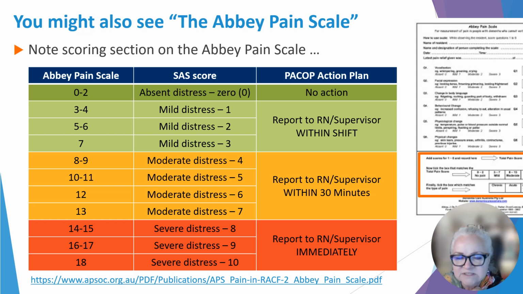If the resident was experiencing any of these scores from the ABI pain scale in the red section, you can see how they would line up with scores of 8, 9, or 10 in the symptom assessment scale. And the action plan or the escalation process for that would be to report that to the RN or supervisor immediately. And they would need to take action around what intervention they would have to do for this particular resident.